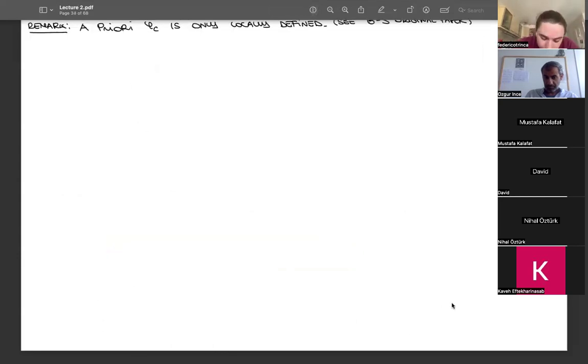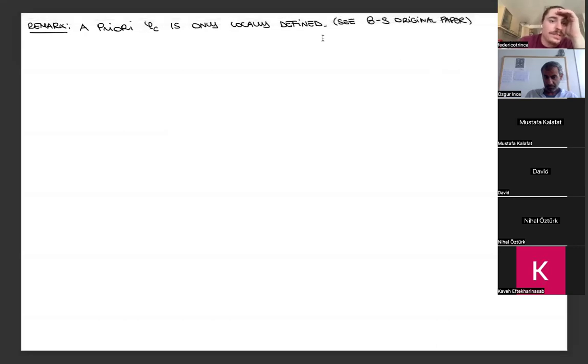Differently to the previous case, where phi is globally defined because S3 is parallelizable and the bundle is trivial, this time phi is only locally defined a priori, and you can see a proof of why the three-form is globally defined in Bryant and Salamon's original paper.